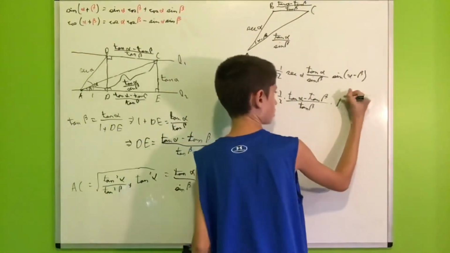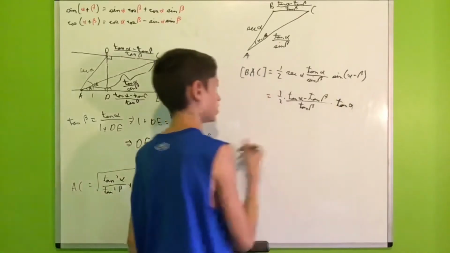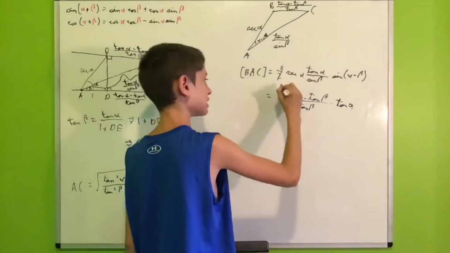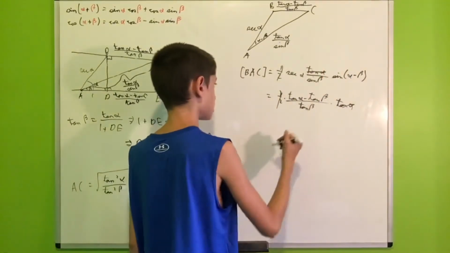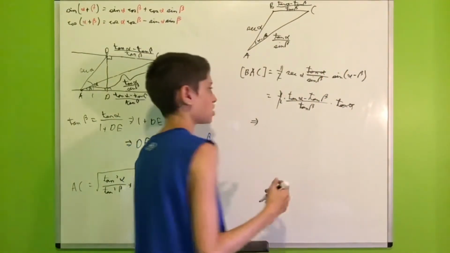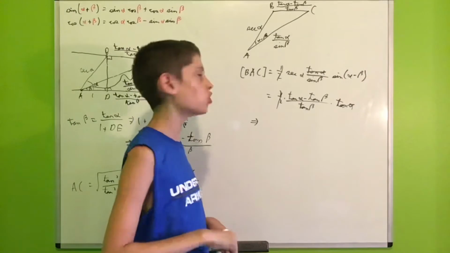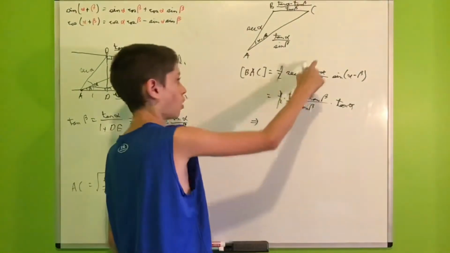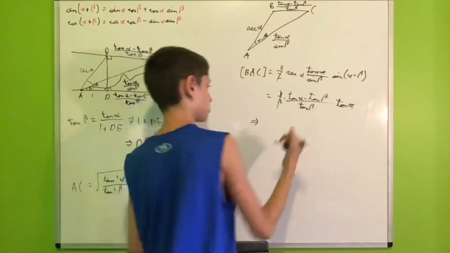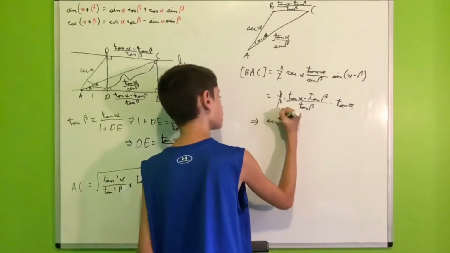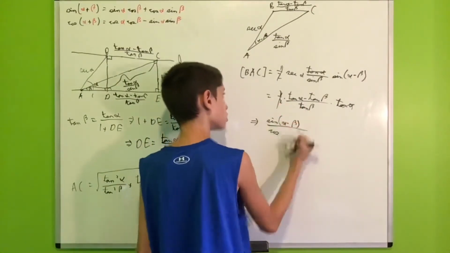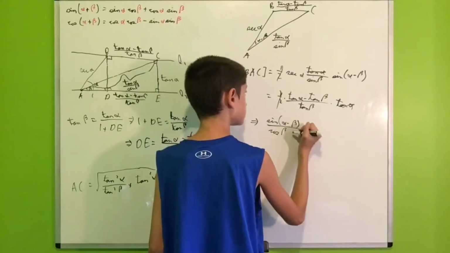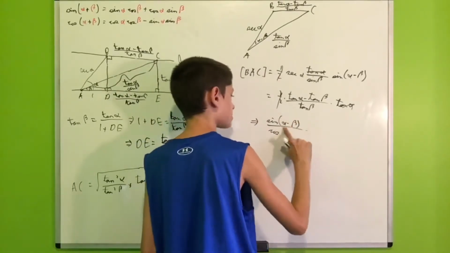And now we can cancel out the 1/2. We can cancel out the tangent of alpha. So we will be left with, and then writing everything in terms of sines and cosines, we will get 1 over cosine alpha times sine beta, so sine of alpha minus beta all over cosine beta times cosine alpha times sine beta.